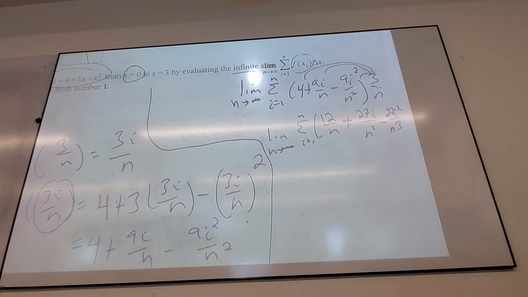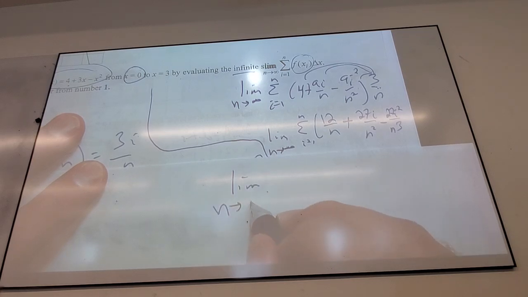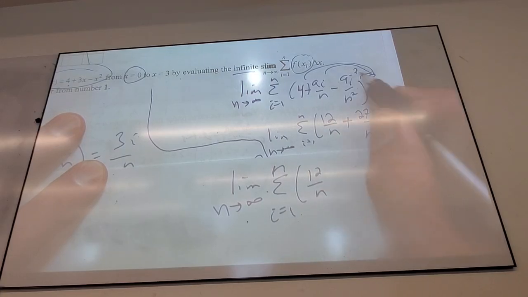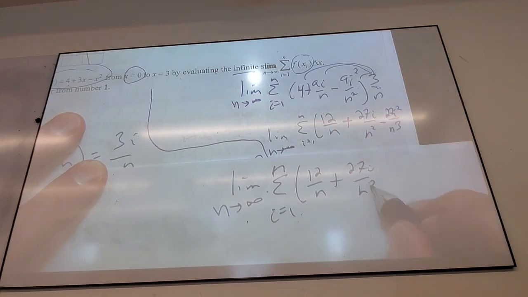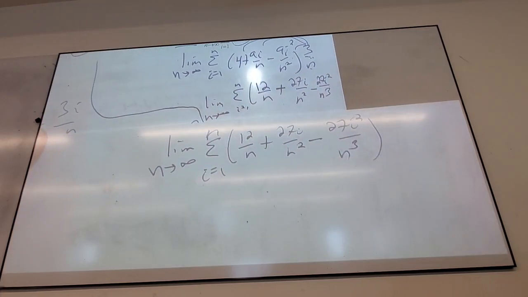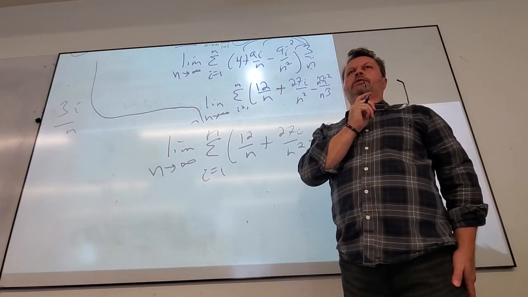We write that over again: 12 over n plus 27i over n squared minus 27i squared over n cubed. Is everybody excited? Yes, I'm very excited.